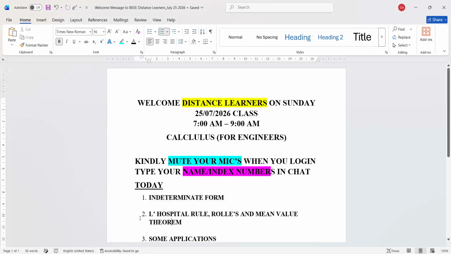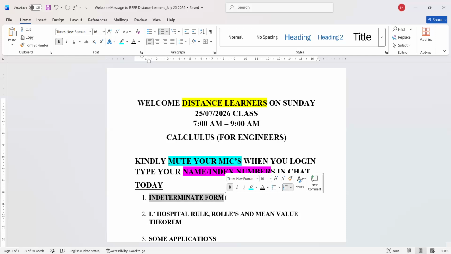So we'll be looking at when we differentiate and we get what we call indeterminate form, where you get numerator and denominator as 0 over 0 or infinity over infinity, or 0 times infinity, or infinity minus infinity, things like that. How do you handle them?